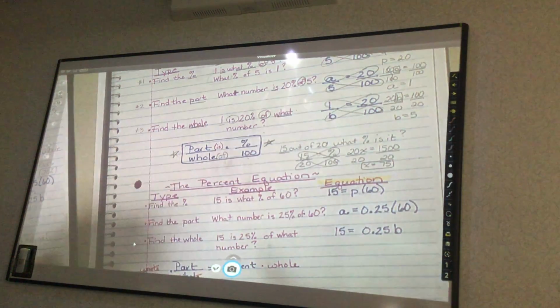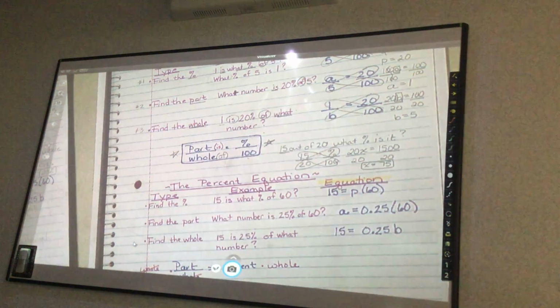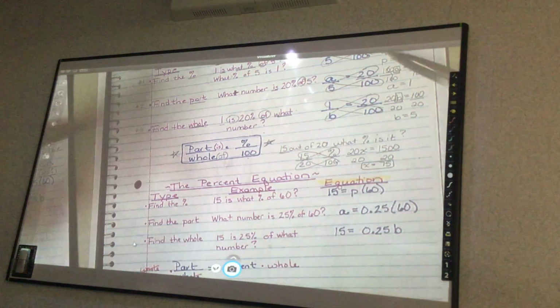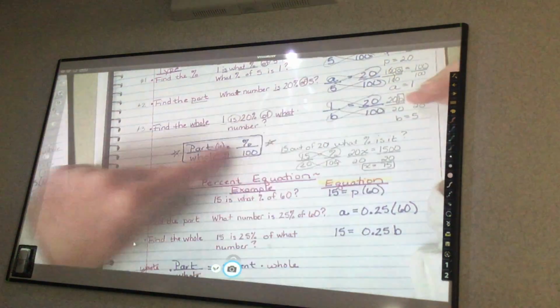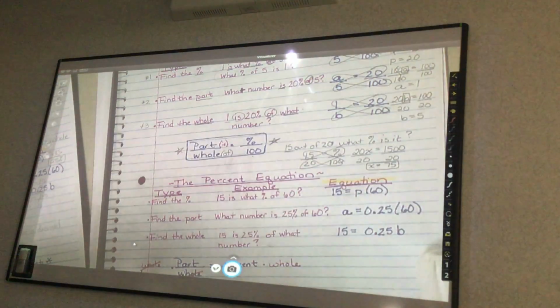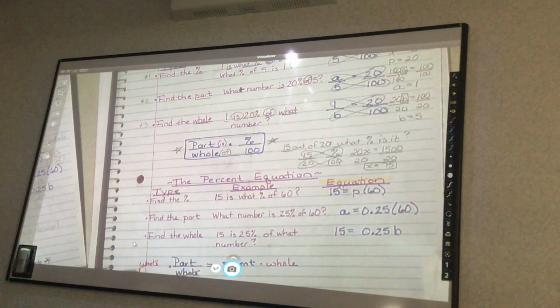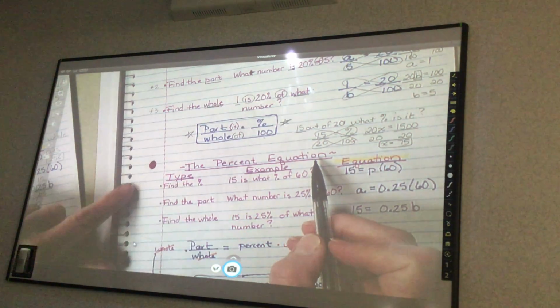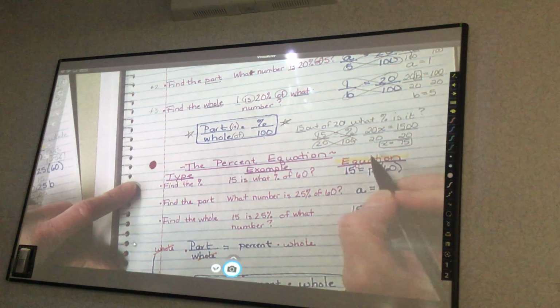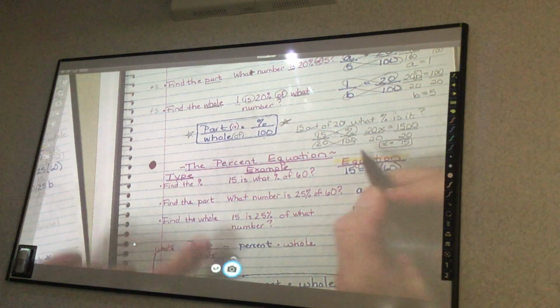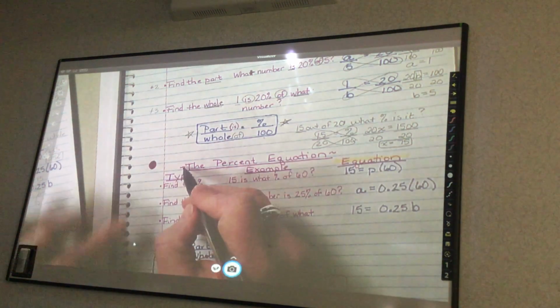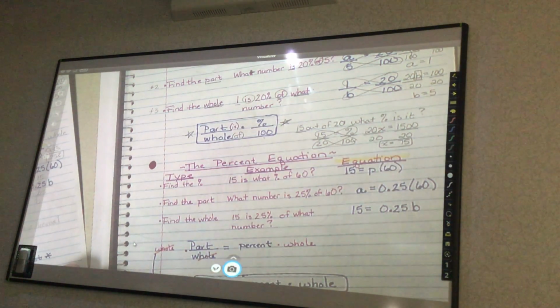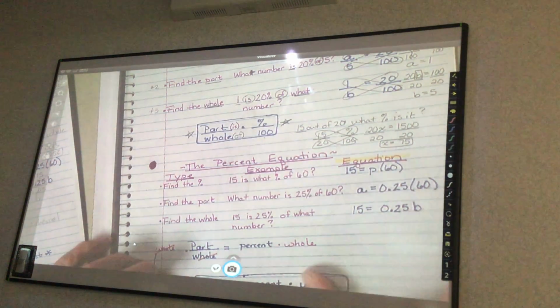Now on our bell work, if you're trying to find the percent, most of you do this model, part over whole equals percent over 100, and then I've started introducing you to another way, which is the percent equation. Part equals percent times the whole. Okay?